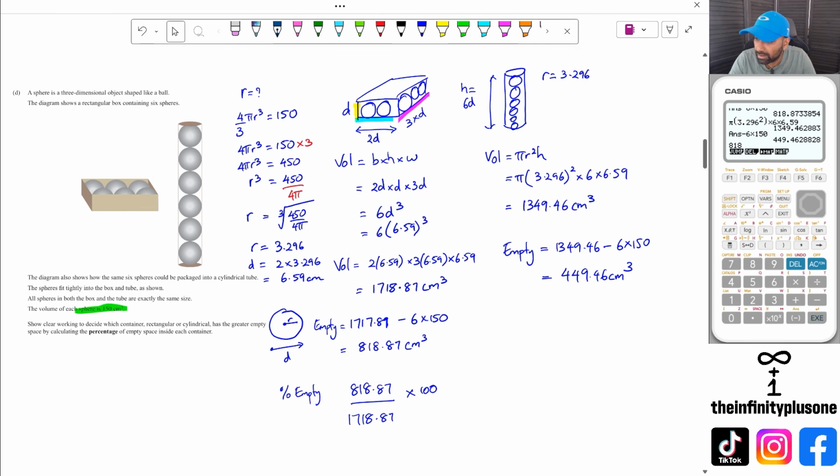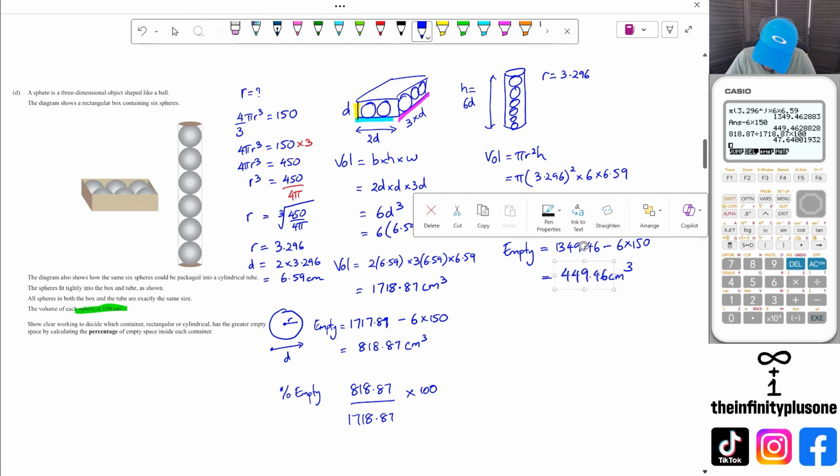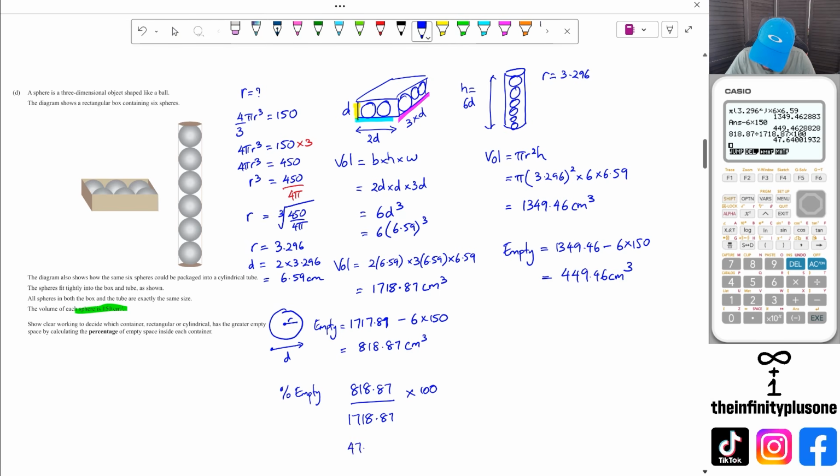So we've got 818.87 divided by 1718.87 times 100, and that's going to give me 47.64 percent as the empty space.